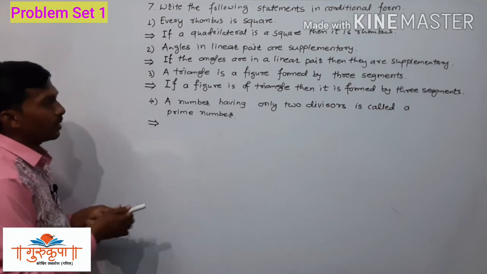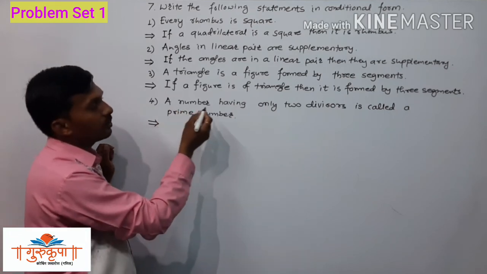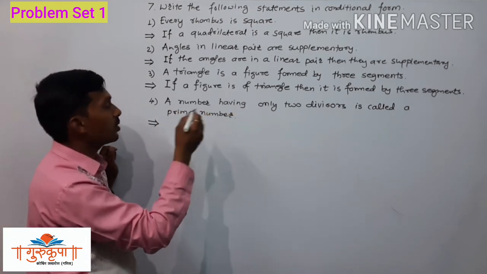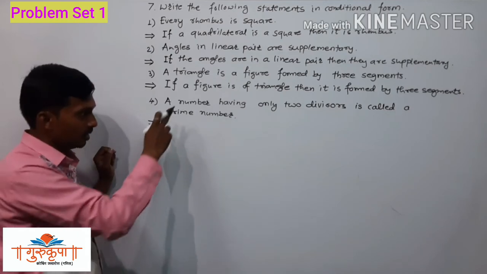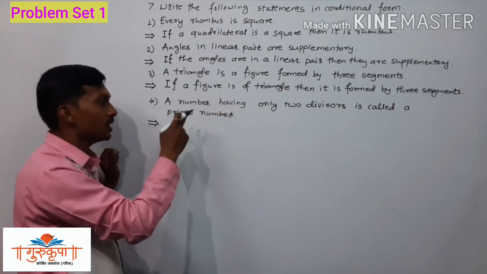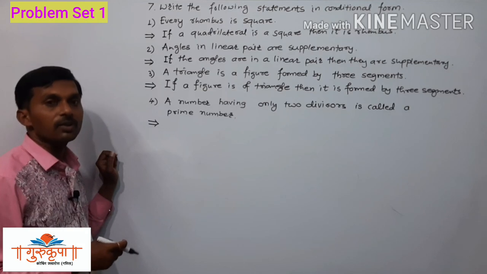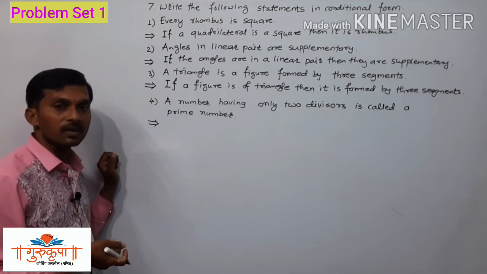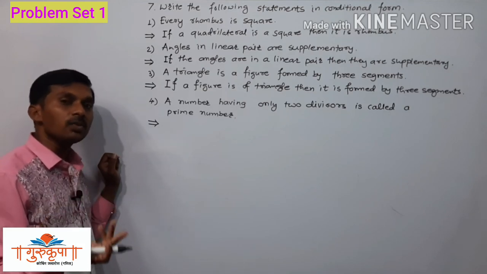Now we have the last statement, that is a number having only two divisors is called a prime number. We know that a number is prime if it has two divisors.